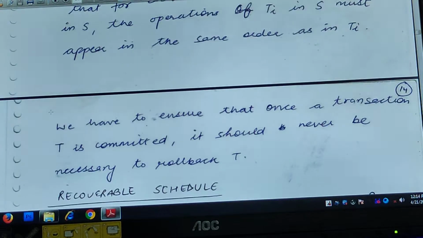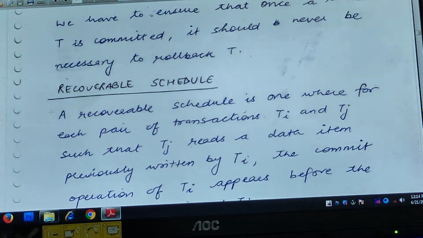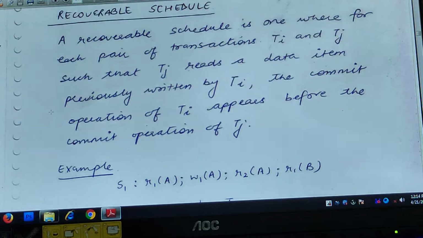Now let's see what a recoverable schedule is. A recoverable schedule is one where, for each pair of transactions Ti and Tj, if Tj reads a data item that was written by Ti, the commit operation of Ti should appear before the commit operation of Tj. What it means is, suppose we have T1 and T2.